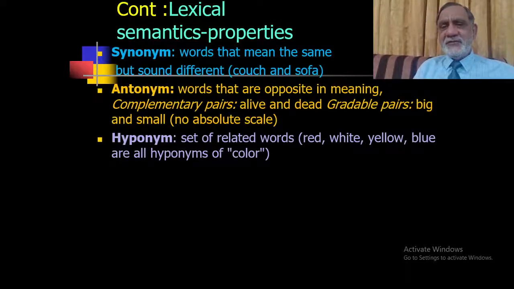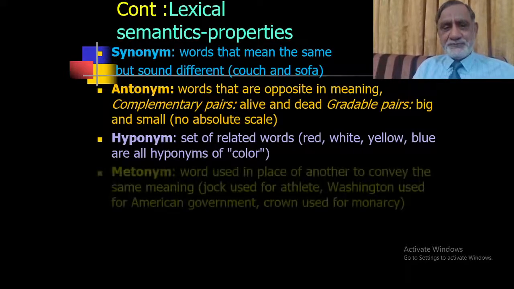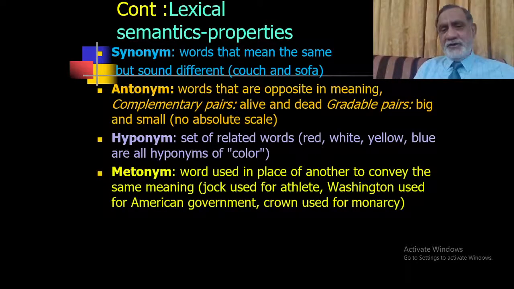A set of related words like colors. It can be months, January, February, or weeks, Monday, Tuesday. Metonyms: words used in place of another to convey the same meaning.